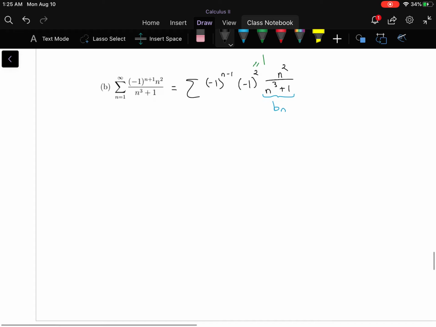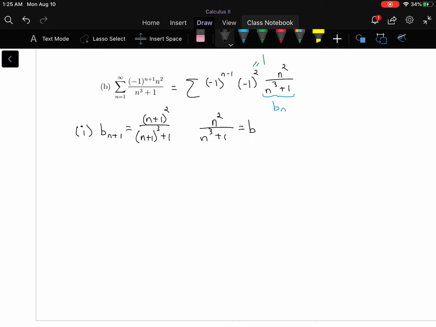So now we're looking at b_n. We want to investigate the same criteria that we were looking at before. So b_(n+1) is going to be (n+1) squared over (n+1) cubed plus 1, and b_n is n squared over n cubed plus 1.